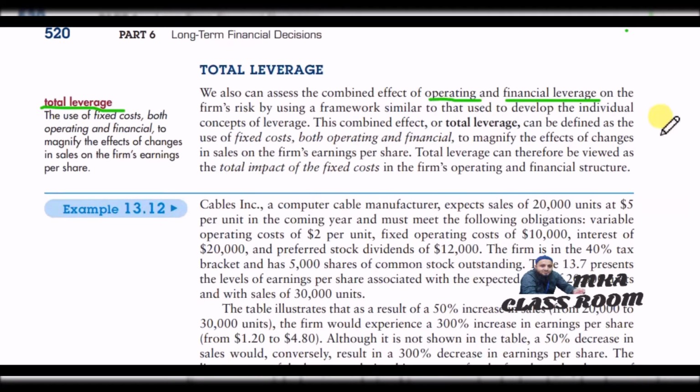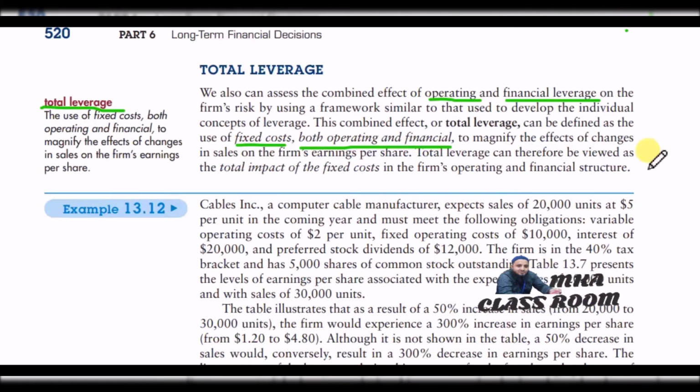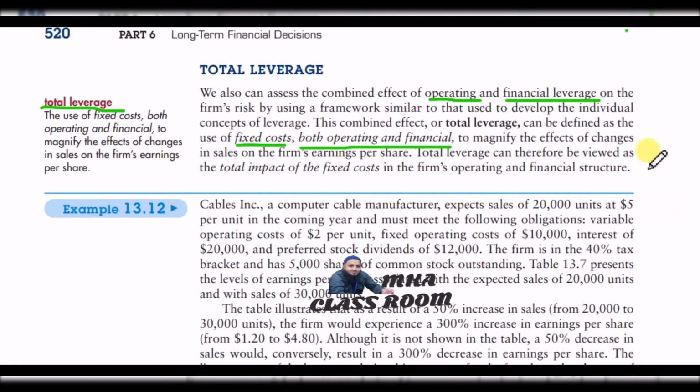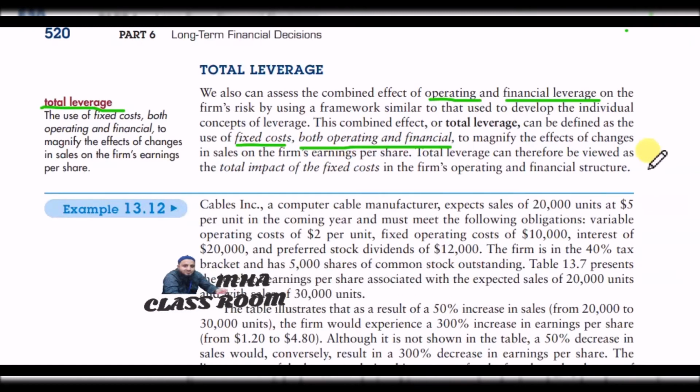This combined effect or total leverage can be defined as the use of fixed cost, both operating and financial fixed cost, to magnify the effect of changes in sales on the firm's earning per share. Total leverage can therefore be viewed as total impact of fixed cost in the firm's operating and financial structure.